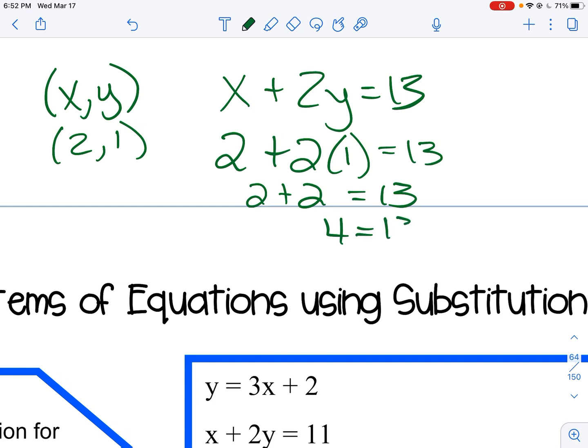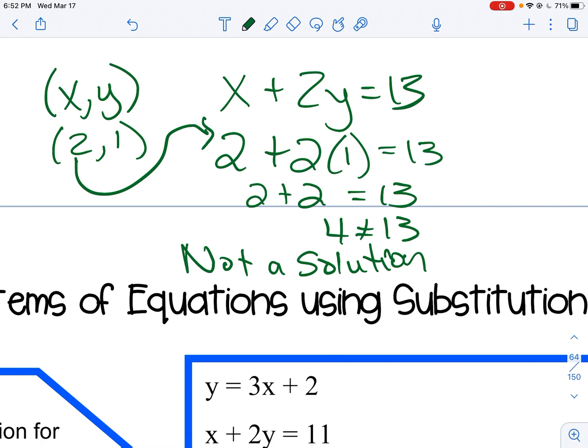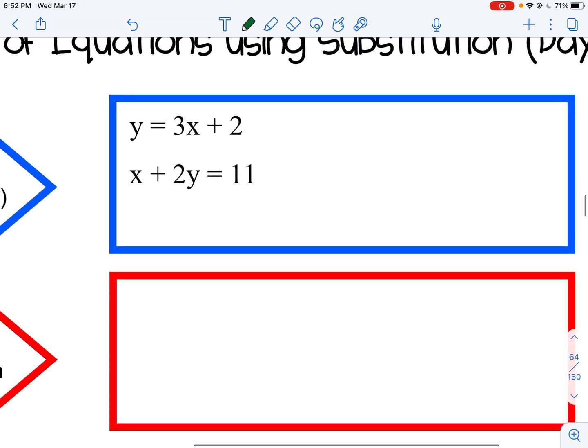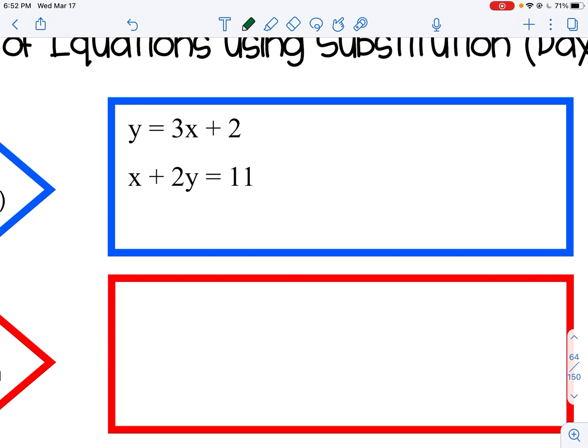No, that's 4 equals 13. That is untrue, so this is not a solution. Okay? We just did substitution. We substituted the 2 in. We substituted the 1 in. Substitution here is the exact same thing.